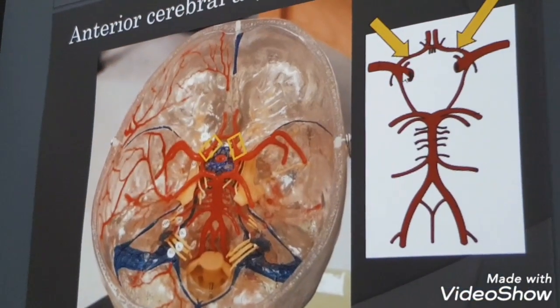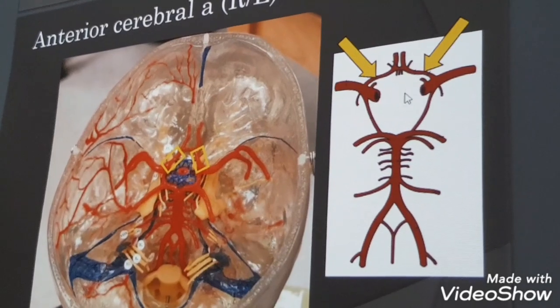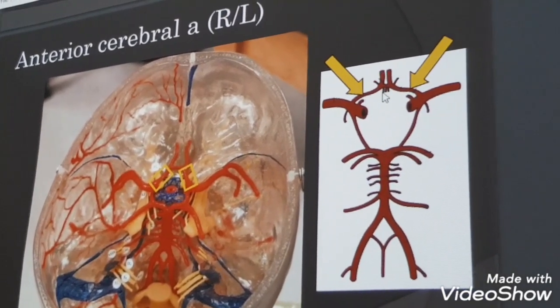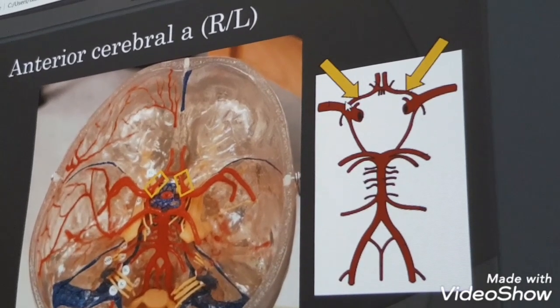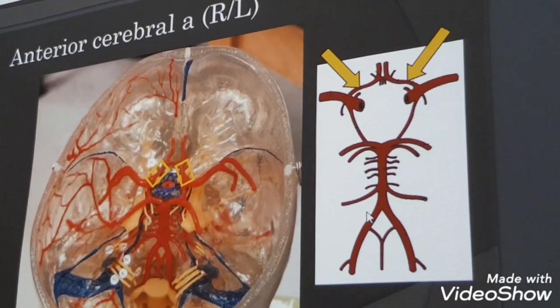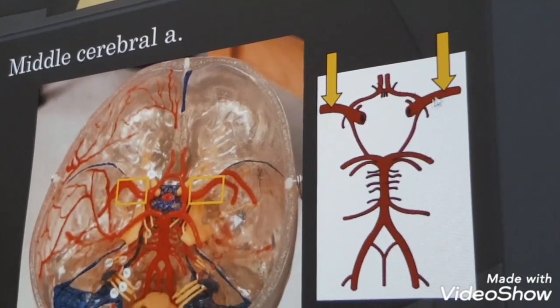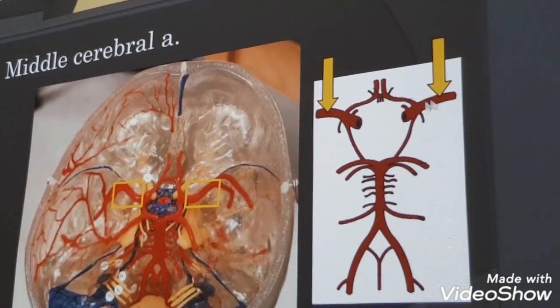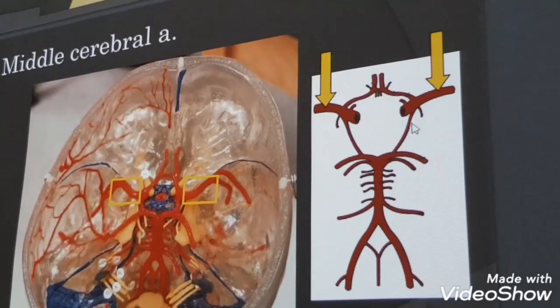So on top, now we're getting the parts of the circle. The one closest to the front is known as the anterior cerebral artery. And what do you think the extensions are called? Middle cerebral artery. And can you guess what these would be called?